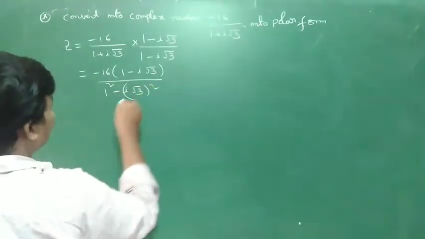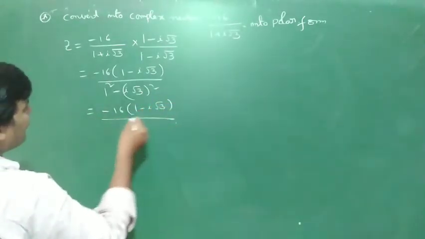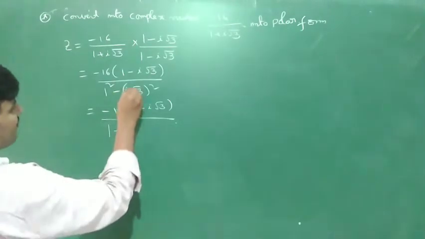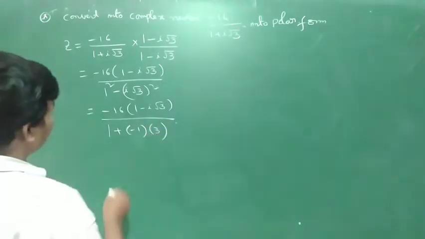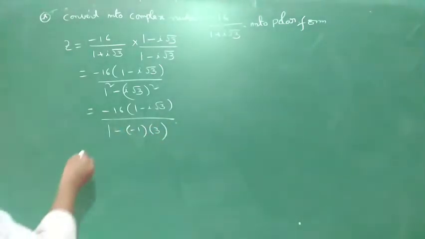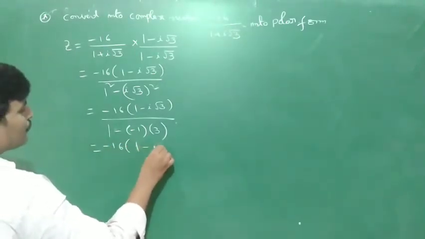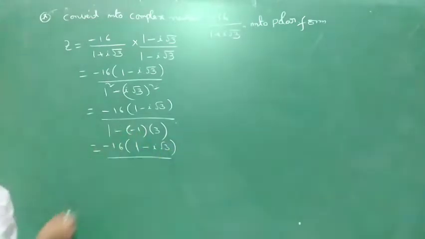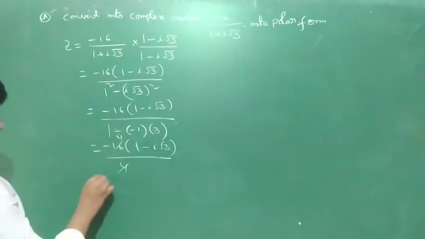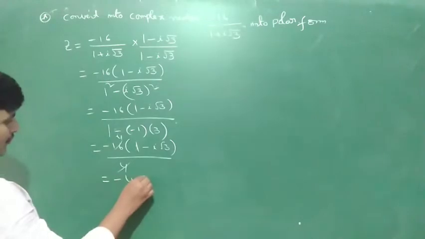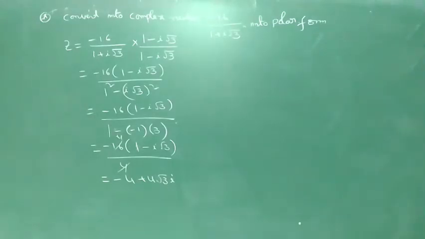Here 1 minus i square, with i square equal to minus 1, and root 3 whole square is 3. So the denominator is 1 plus 3, which is 4. Four fours, so that is equal to minus 4 plus 4 root 3 i.